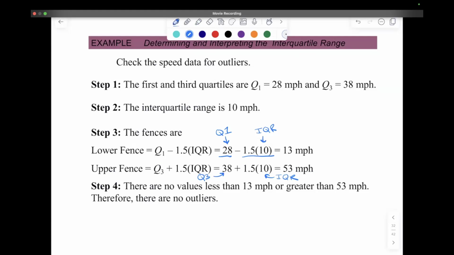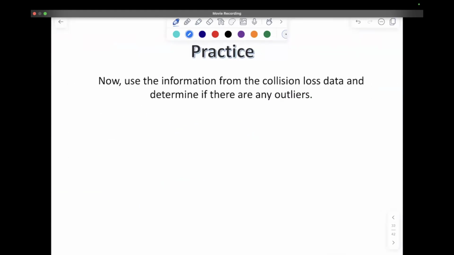Right. Let's do that math with the collision data. Okay. So my Q3, I don't know why I'm doing Q3 first, just because. And then the Q1 was 735. So now I need to find that IQR. Okay. Let's math that out.